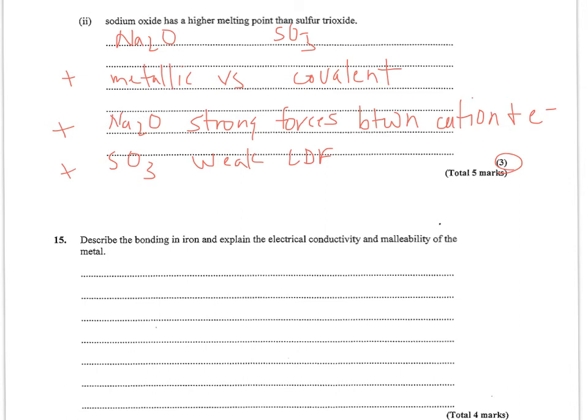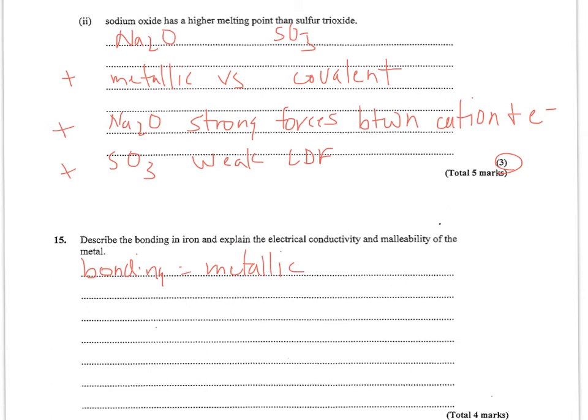Number 15 for 4 marks wants you to describe the bonding in iron and explain the electrical conductivity and malleability of the metal. So they're going to give you 2 marks for the bonding, and what they expect you to say about the bonding is you might mention it's a metallic bond.